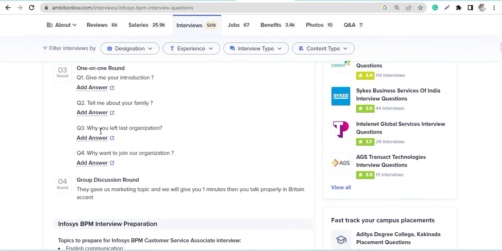They also ask why you left your last organization. This is in the case of experienced people. For freshers, they won't ask this question, but yes, whatever answers you give should be in a positive manner. You should not say that there was too much pressure, that's the reason you left that organization, or that the salary package was less.